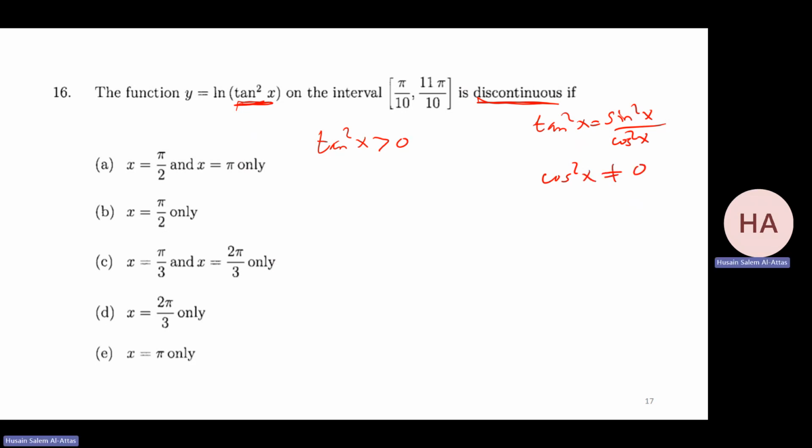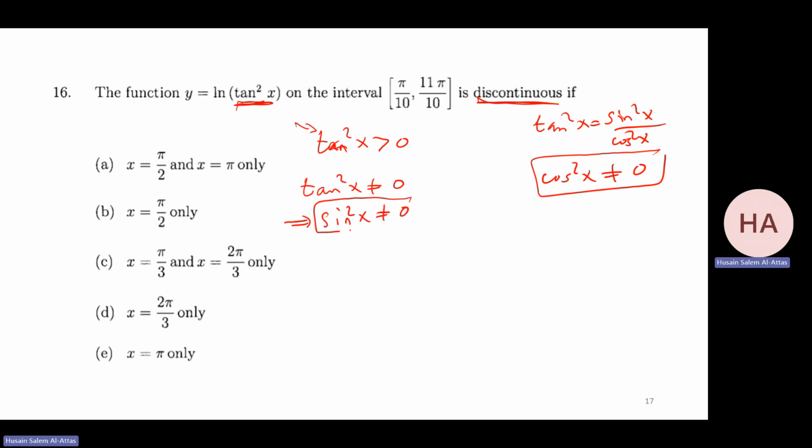So I need this condition, cosine squared not equal to 0. And from here, what's the meaning of tan squared greater than 0? This is always non-negative, or 0 can be there, but I want to avoid that. So tan squared not equal to 0, which means sine squared not equal to 0.